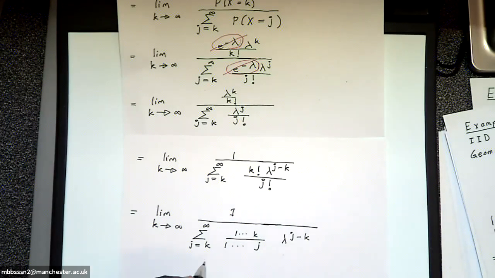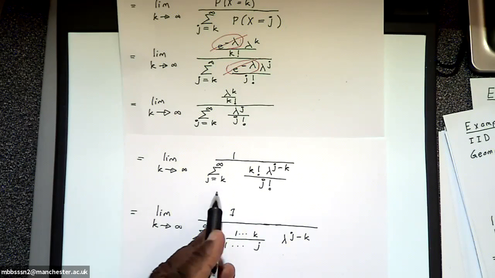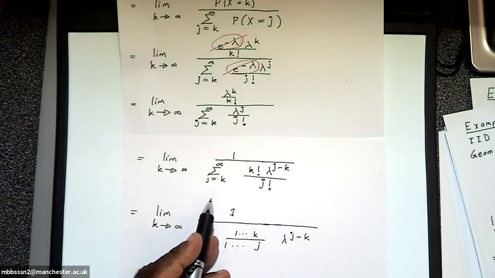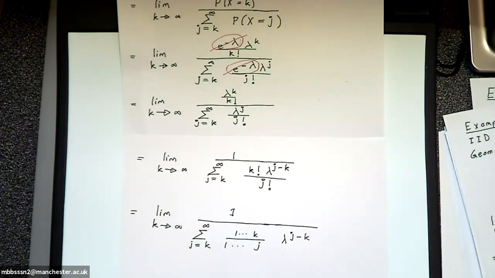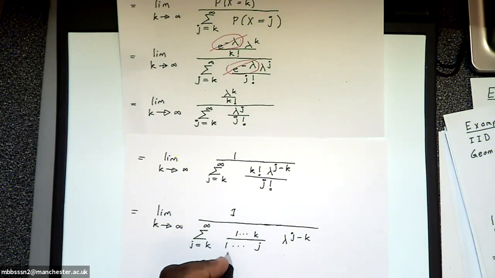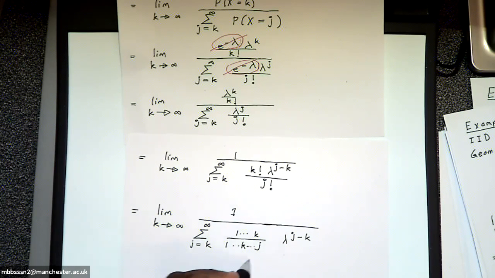All right, now j is a number that is greater than or equal to k, right? So k could be somewhere here. Remember, j factorial is the product of all the numbers from 1 to j, and j is greater than or equal to k.